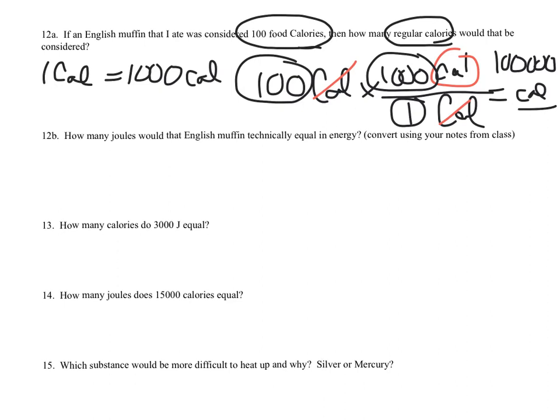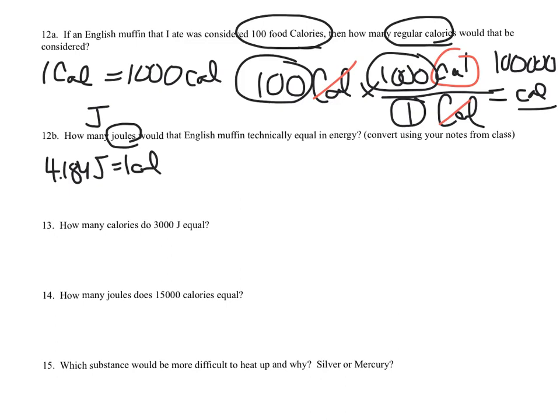All right, if we look at the next one: how many joules? Don't forget, joules is a form of energy unit. How many joules would that English muffin technically equal in energy? According to my notes, there's 4.184 joules for every one science calorie.